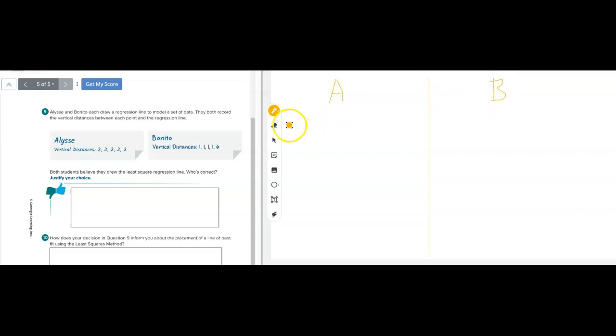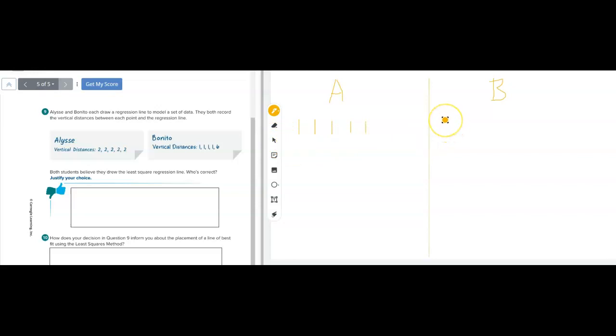And Alyssa's vertical lines are 2, 2, 2, pretend these are all the same, 2, and 2, 5 2s, right? So all of her points are 2 units from the line.